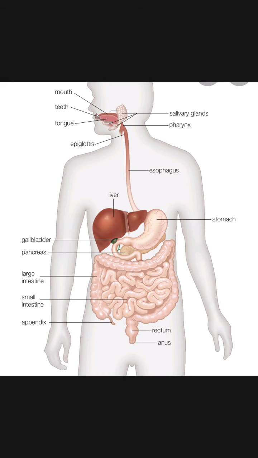The undigested part of the food can be stored here for some time, and then it is removed through the anus. The waste material is removed by the anus, and this is regulated by the anal sphincter.